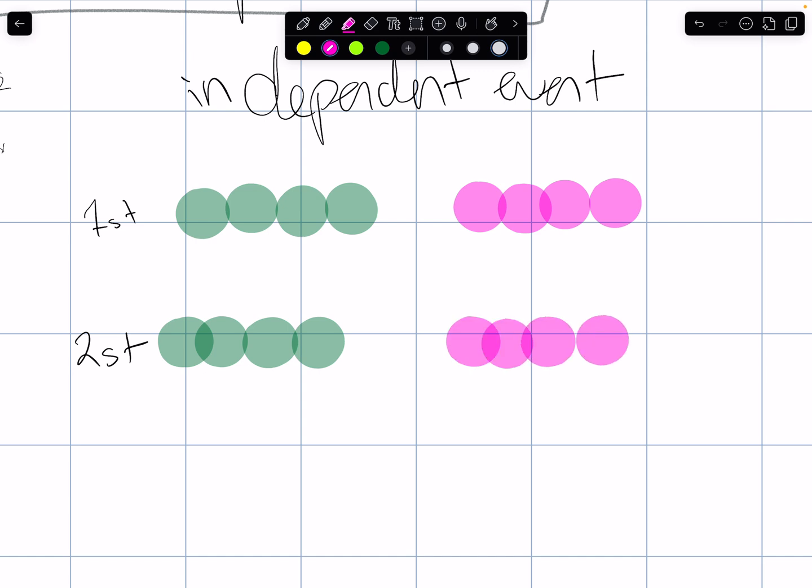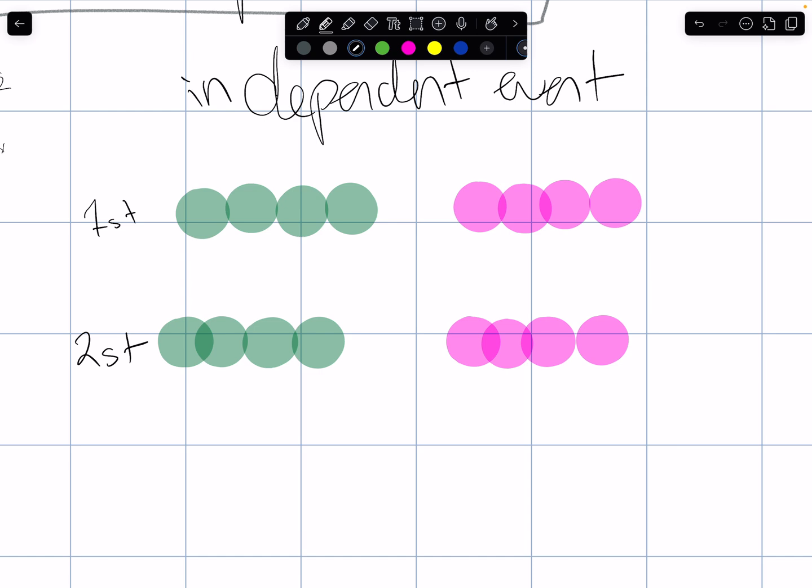And so you can intuitively understand my first pick has nothing to do with my second pick, right? It's like if I flipped a coin, I can either get heads or tails. Does that outcome affect the outcome of my second flip? No, it doesn't. Not at all. It has nothing to do with it. In either of these picks, I have a 50-50 chance of getting pink or green. Okay, so these are independent events.